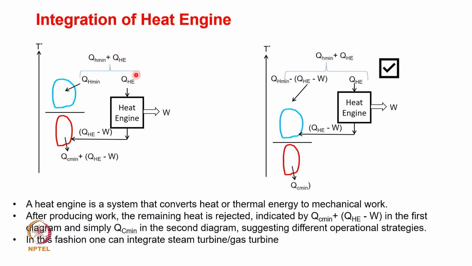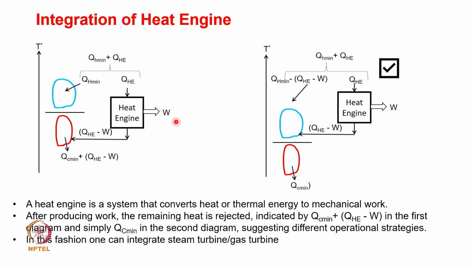What's the advantage here? The heat engine uses some of this energy, and of course you can produce useful work, and the remaining would be transferred back. And what is the sequence in which you can put the heat engine? One way is to put the heat engine across the pinch, which essentially means that it takes the heat QHE from the hot utility.